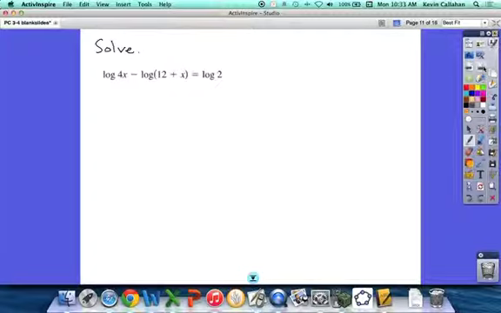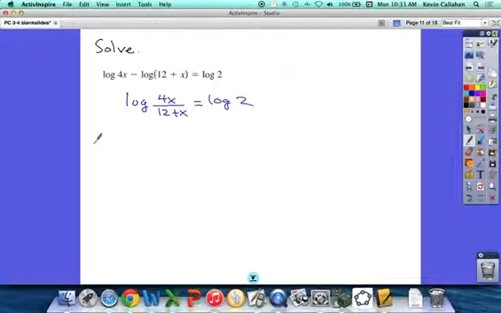I mean, that is one way. You could do it different. But let's say, how would these two combine? It would be a quotient property because of the minus. You'd combine them into one logarithm. The log of 4x over 12 plus x equals the log of 2.